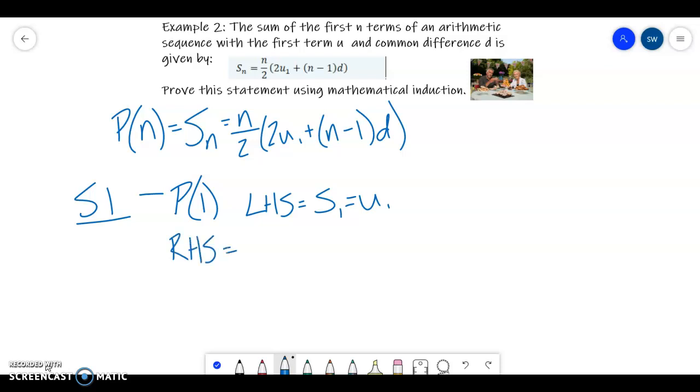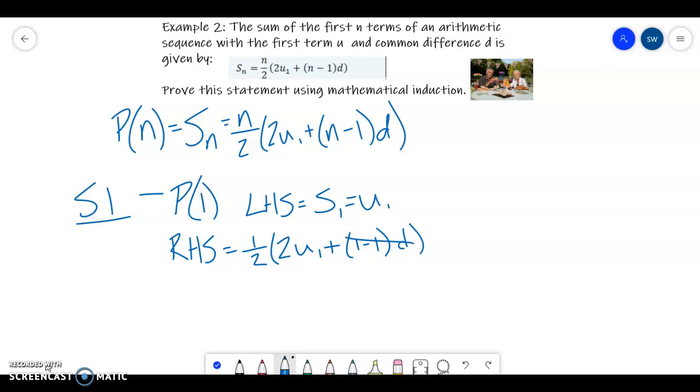That would be equal to 1/2, because n is 1 in this case, times 2U1 plus 1 minus 1 d.